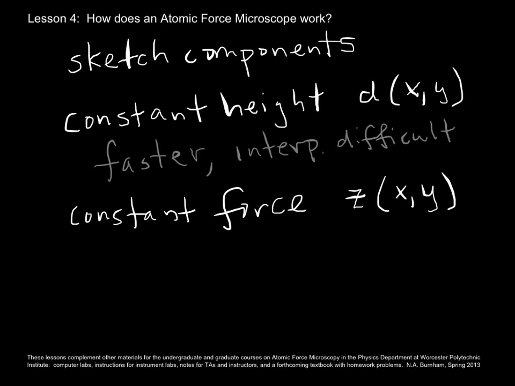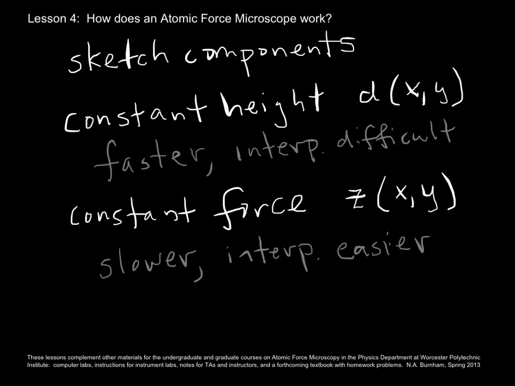And no surprise, the constant force mode, that's got the opposite set of advantages and disadvantages. Well, it's slower, but the interpretation of the images is easier because all points in the image nominally have the same force acting between the tip and the sample, because that's what the feedback circuit does.